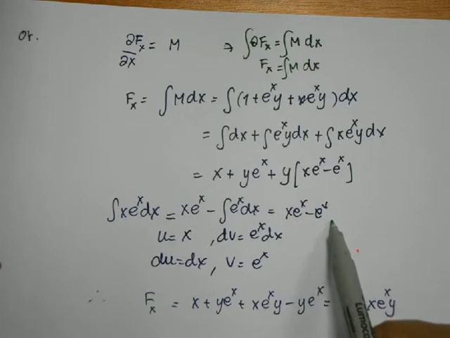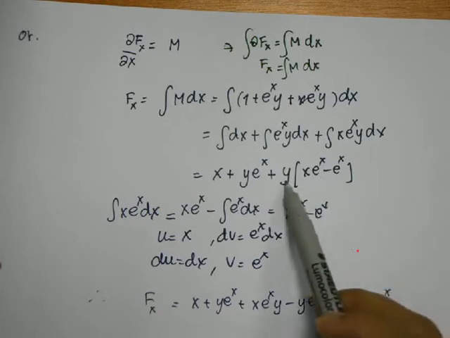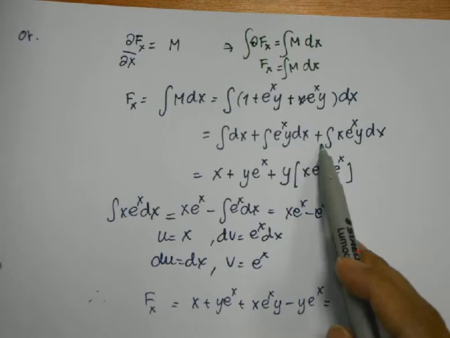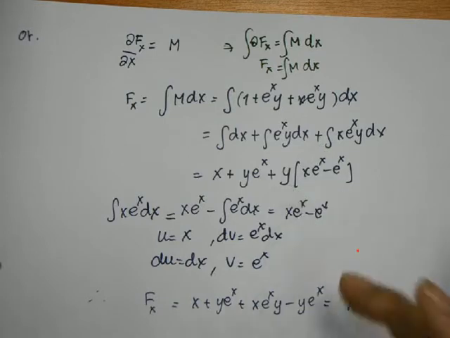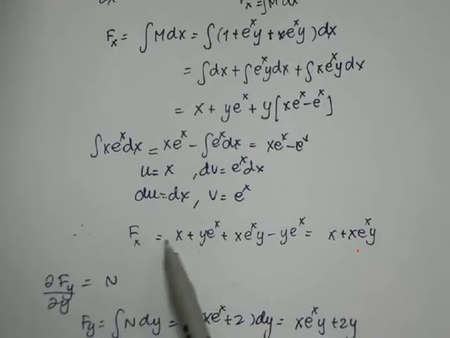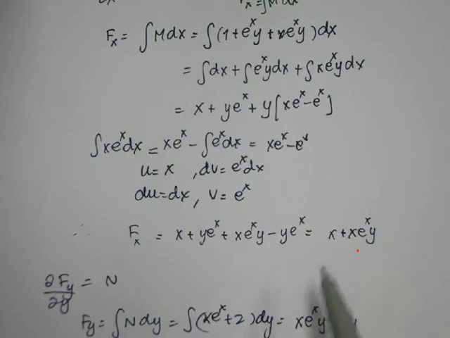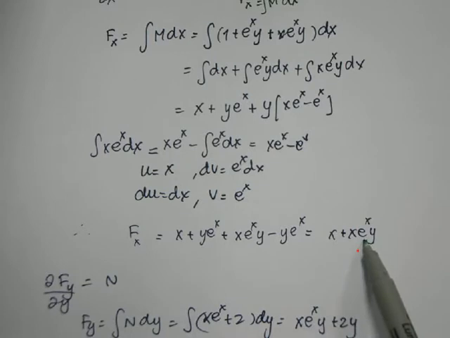And then I just plug it in there. I put y outside because y is a constant. So I would get my fx equal to x plus x times exponential of x times y.